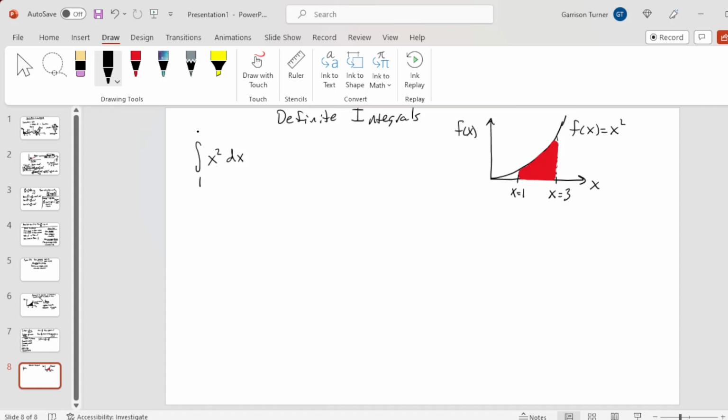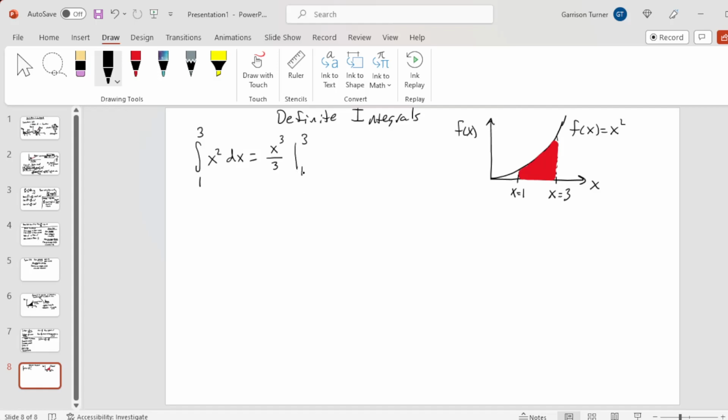So this is going to be from 1 to 3. Here's what this means. Take the antiderivative as you normally would, so this is going to be x cubed over 3, but instead of adding that obligatory plus c, we now say that we're going to evaluate this expression from 1 to 3.